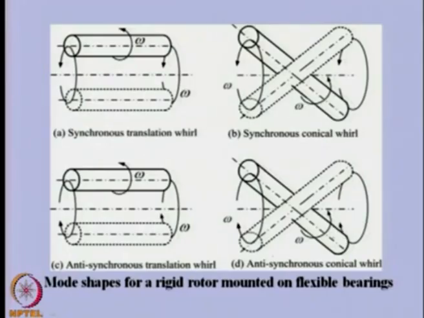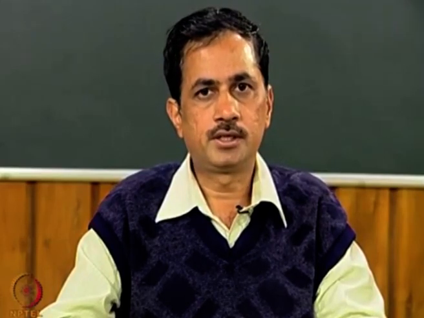This case we call anti-synchronous conical whirl. In this case, the spin direction and the whirling direction are different. Now, for these two kinds of translatory and conical whirl, we will see in detail when it will be synchronous whirl and when it will be anti-synchronous whirl.